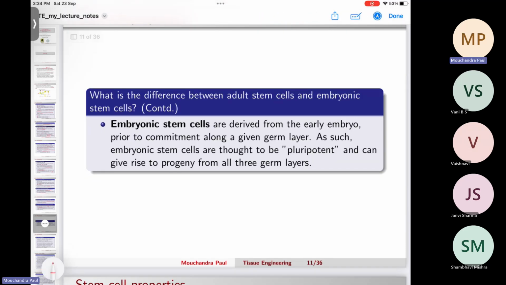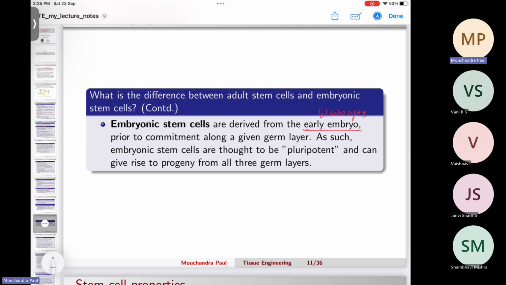Whereas the embryonic stem cells refer to the cells that are derived from the early embryo. So you remember the structure of an embryo, right? Means the steps in the embryogenesis that we discussed previously. And you remember that the fertilized egg or the embryo divides rapidly into 2 cells, then 8 cells, then 16 cells, right?